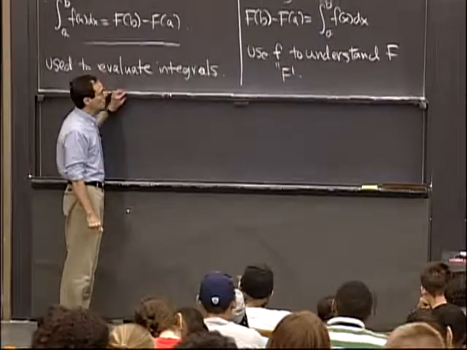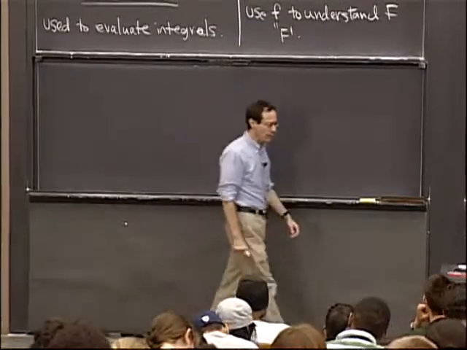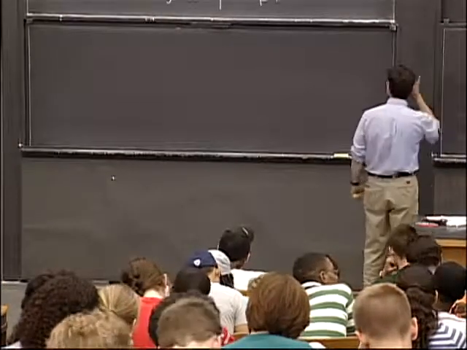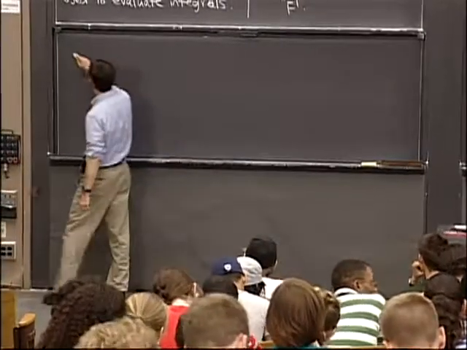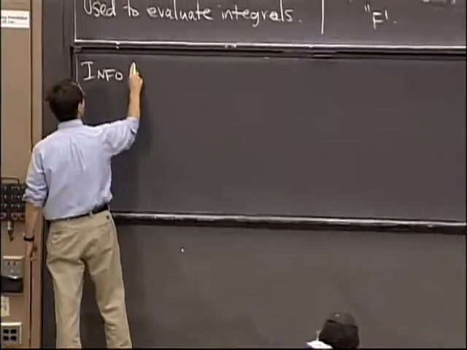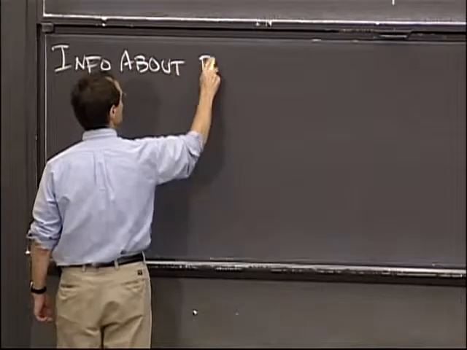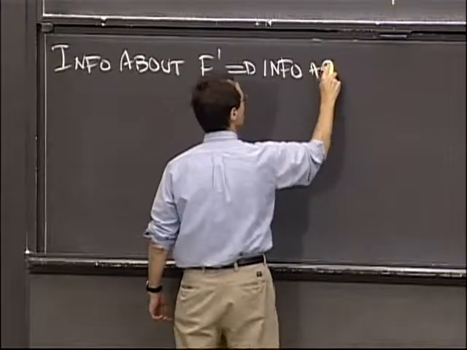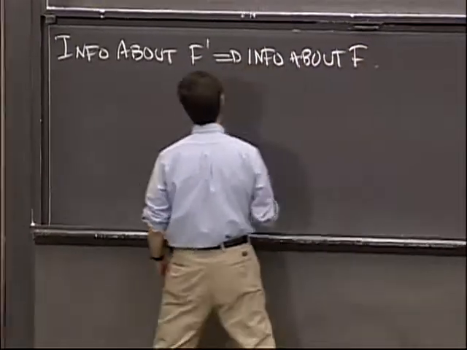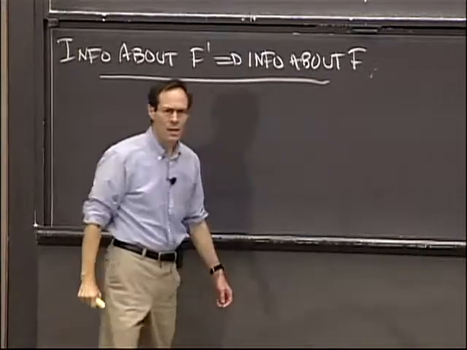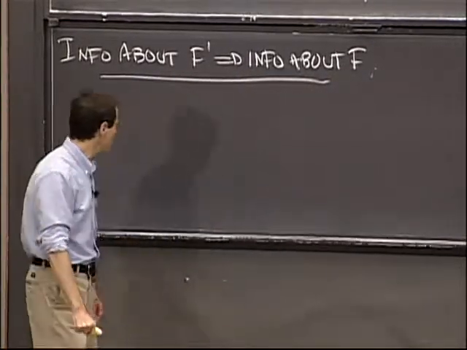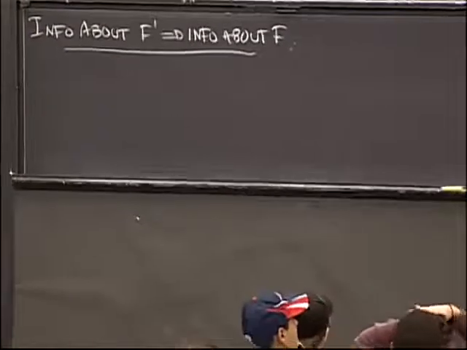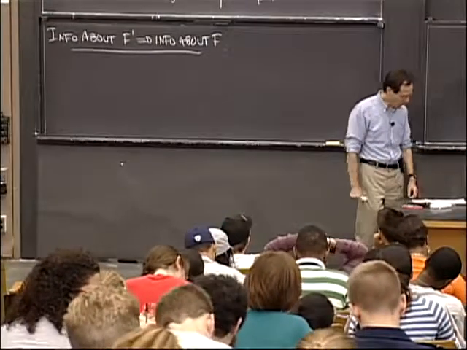So that's the reversal of point of view that I'd like to make, and we'll make this point in various ways. So information about f prime gives us information about F. Now, since there were questions about the mean value theorem, I'm going to illustrate this first by making a comparison between the fundamental theorem of calculus and the mean value theorem.